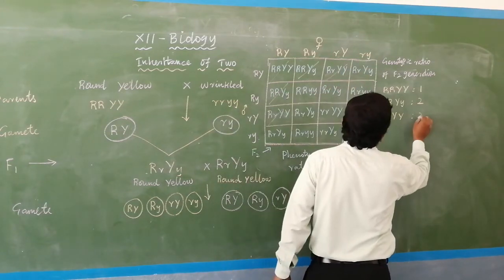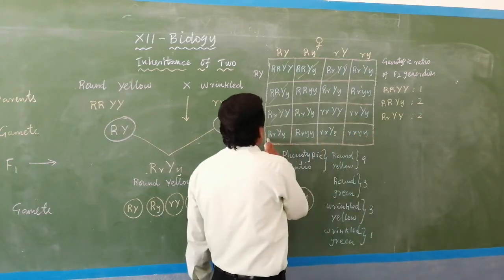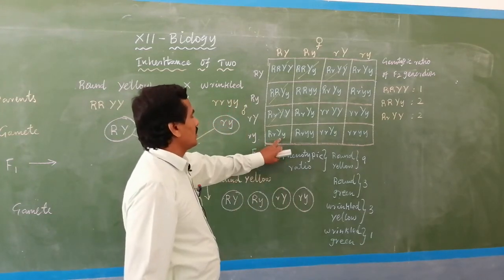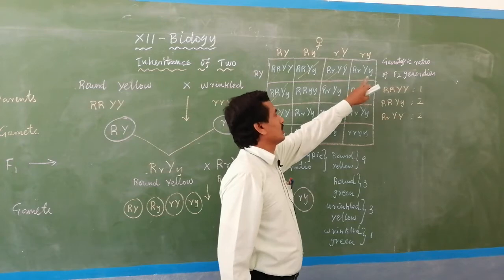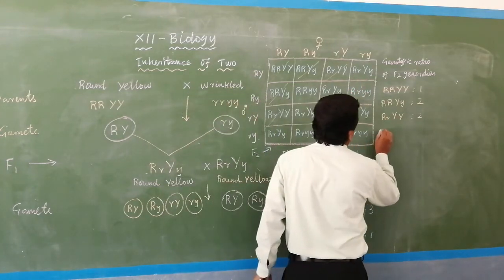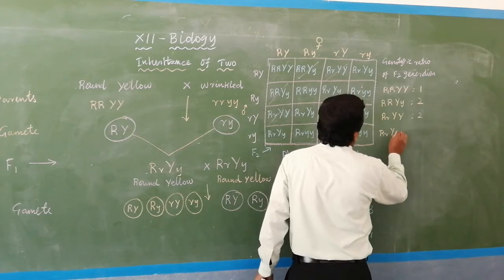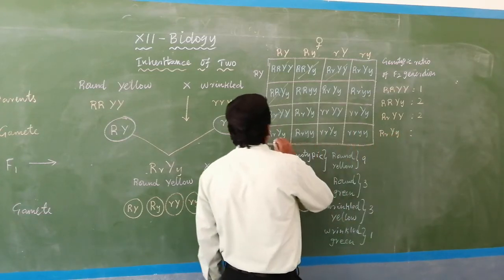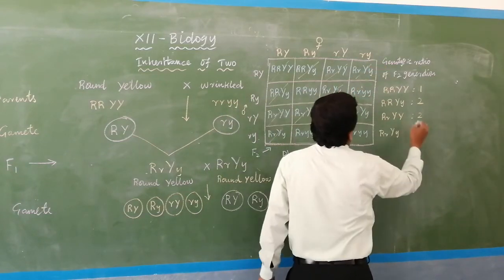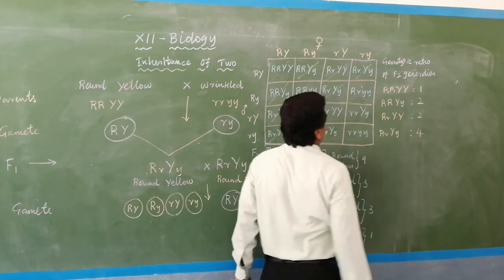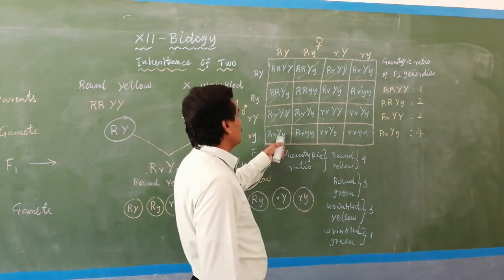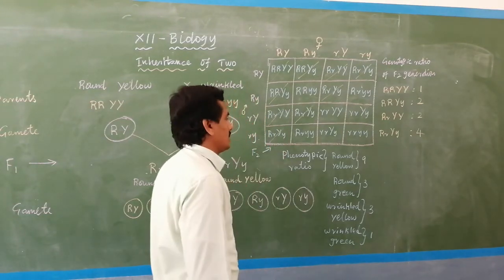So this is 2. Then heterozygous round and heterozygous yellow: capital R, small r, capital Y, small y. How many? 1, 2, 3, 4. So 4 plants out of 16 are heterozygous round and heterozygous yellow.